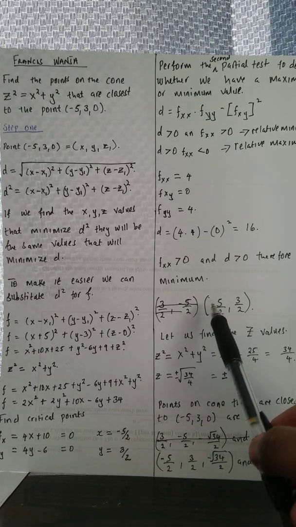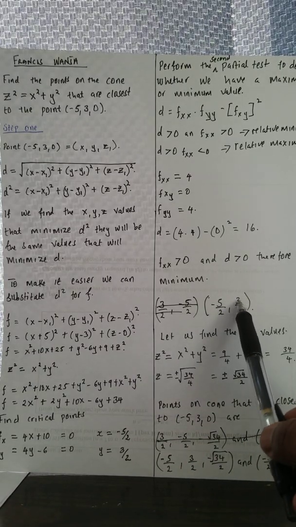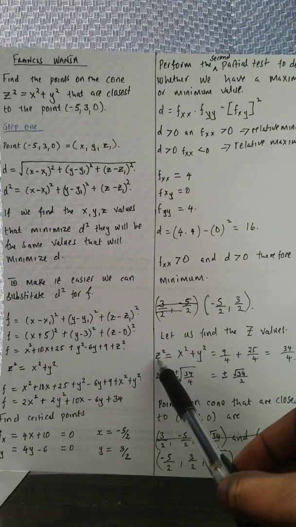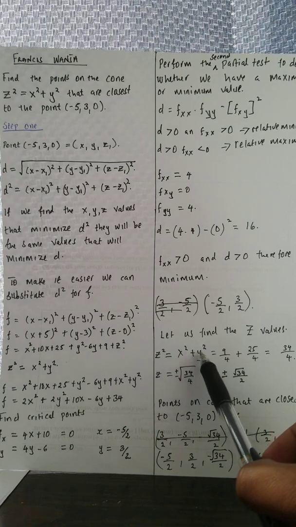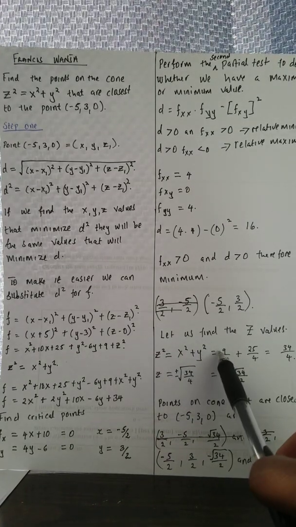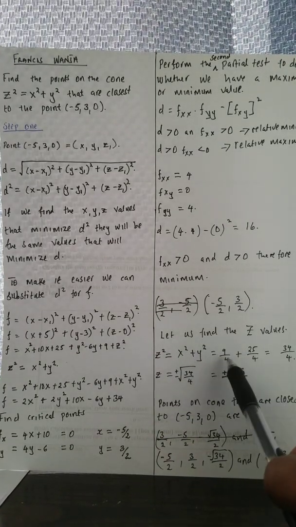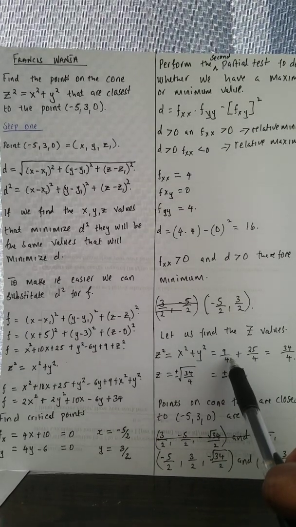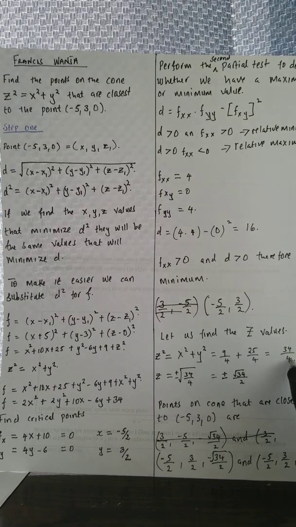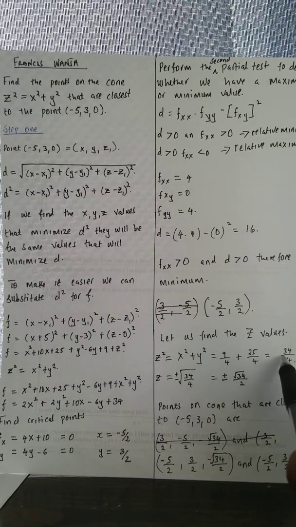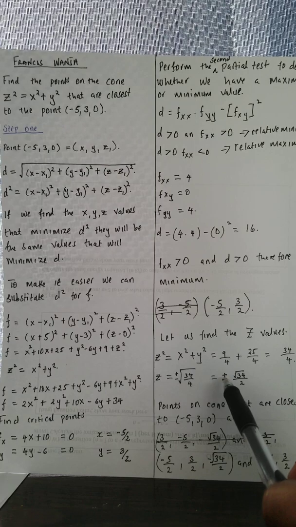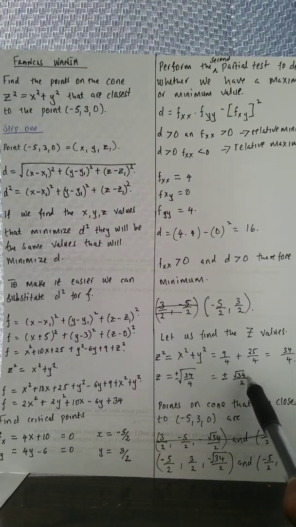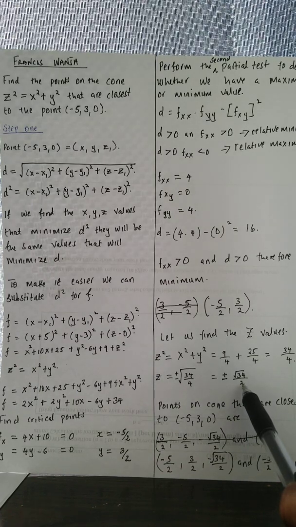We had x equal to -5/2 and y equal to 3/2. Going back to our original equation, z squared equals x squared plus y squared, which equals 25/4 plus 9/4, giving us 34/4. So z is the square root of 34/4, which equals plus or minus the square root of 34 divided by the square root of 4, which is 2.